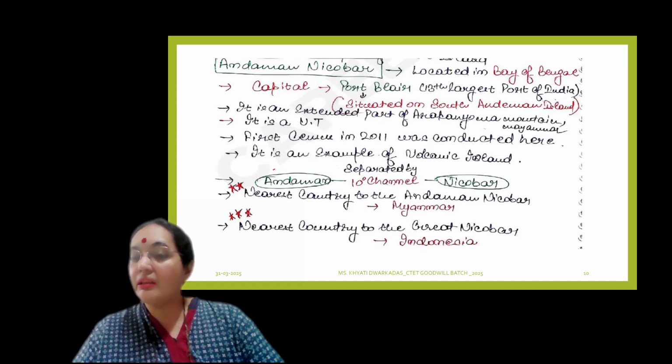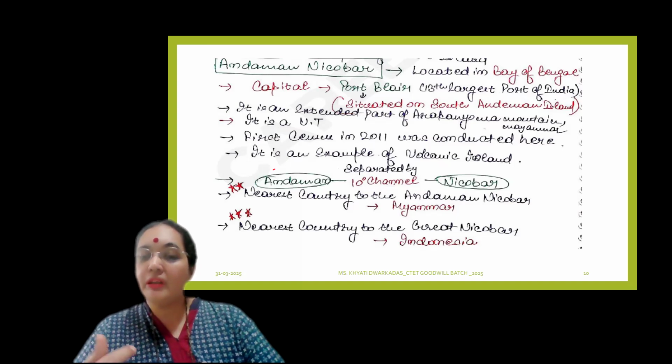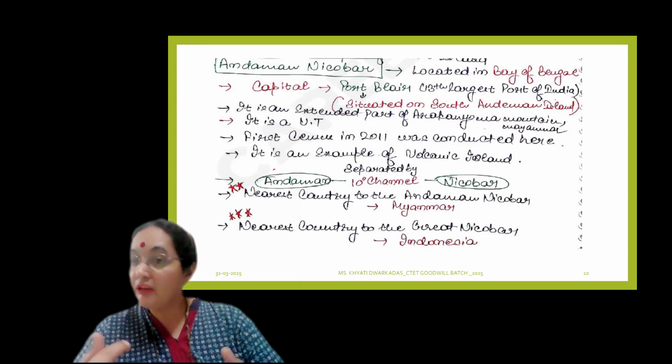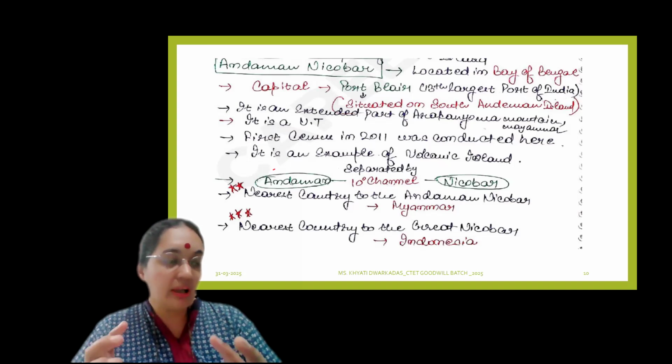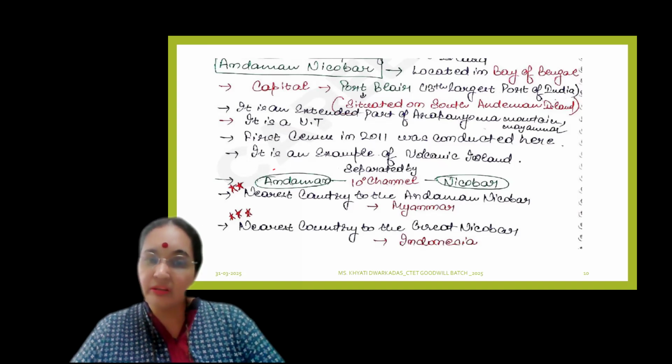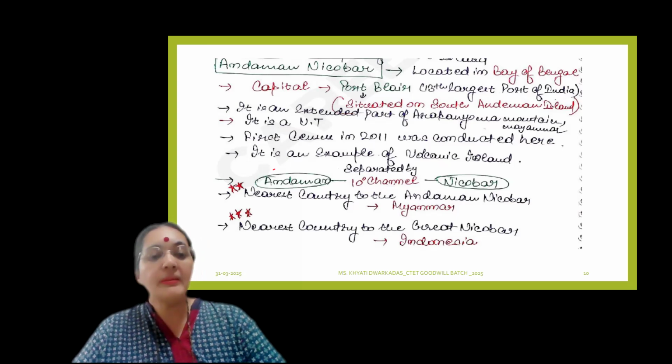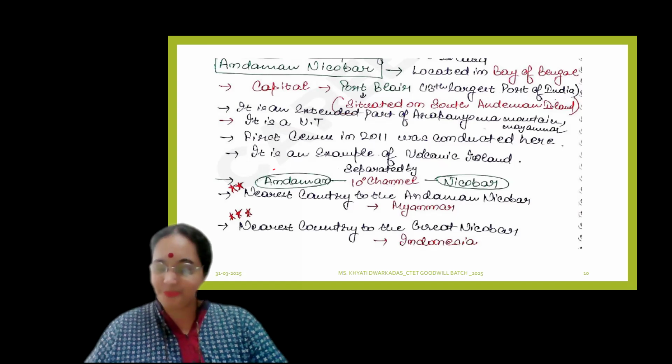And the nearest country to the Andaman Island is not India, but Myanmar. And the nearest country to Great Nicobar Island is again not India, but Indonesia. So these are two very stark contrasts, but Andaman and Nicobar are very famous islands of India.